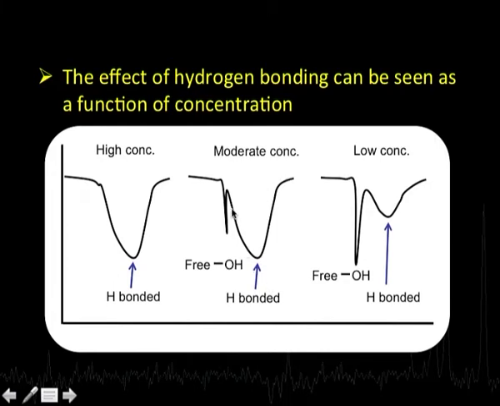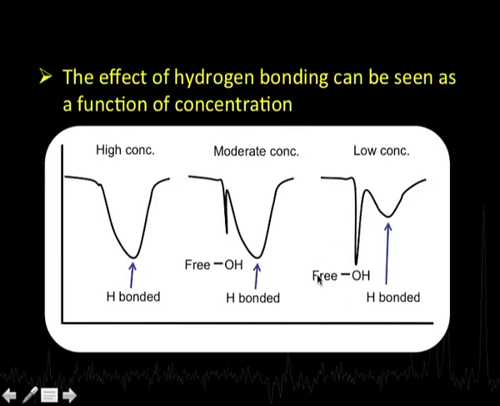This broad part of the spectrum represents the hydrogen bonding component, and because of decreasing concentration, at moderate concentrations there will be some molecules which have a free hydroxyl group, that means without hydrogen bonding. And if I decrease the concentration further, this component decreases and this becomes much larger.